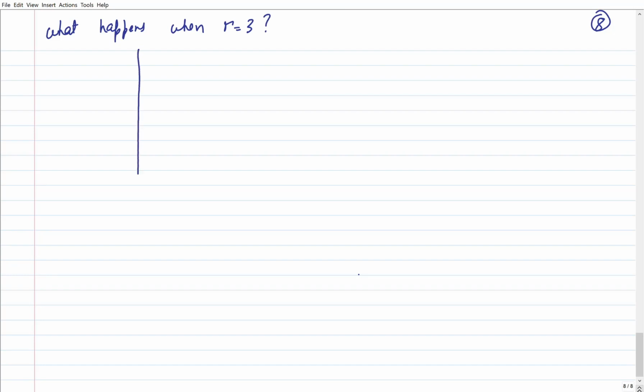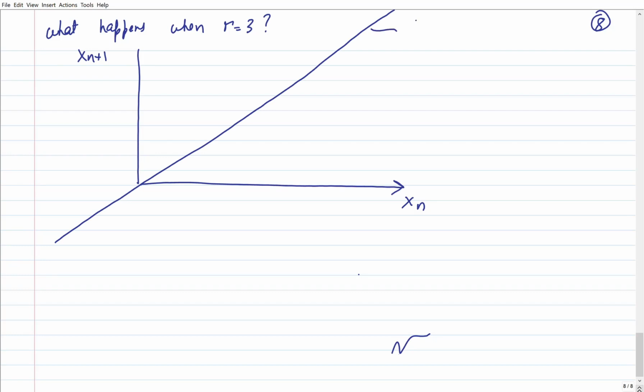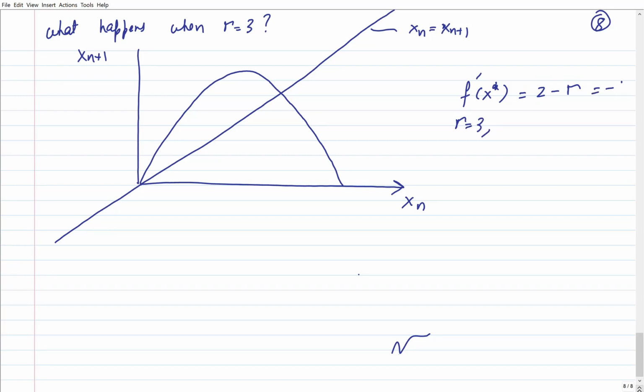I again draw this guy, and I draw this line, and this is my curve. And as we know, the slope of the other fixed point was 2 minus r. So at r equals to 3, this gives me minus 1.